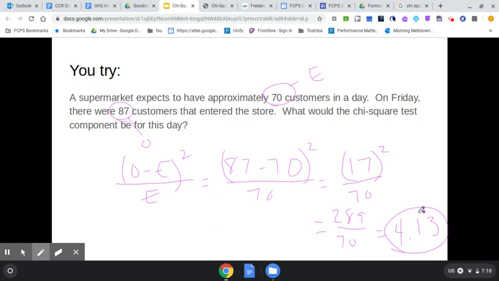It actually does not matter if it's below or above what's expected because we are squaring those differences. It doesn't matter if I have a negative inside here or a positive. When I square those values, it is always going to be a positive result. That's why we never get negative values for a chi-squared distribution.